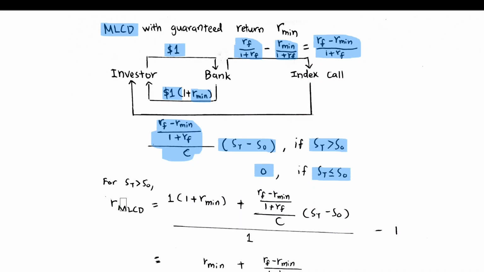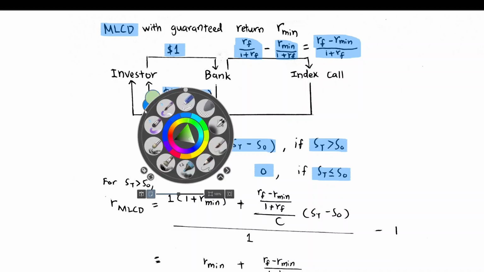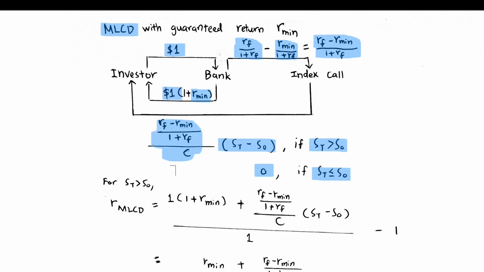Now let's derive the rate of return of the MLCD. For the case when we have a decline in the stock price, then the investor will only get back the $1 and the guarantee return. So in this case, the investor will only get rate of return R min.